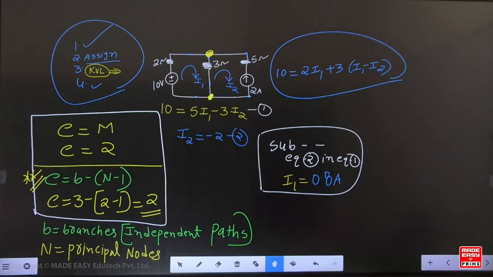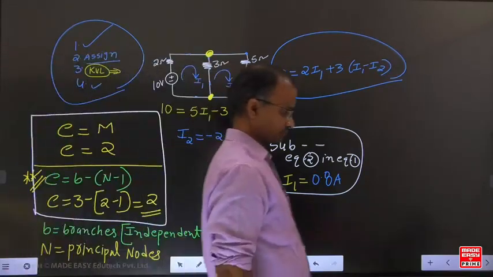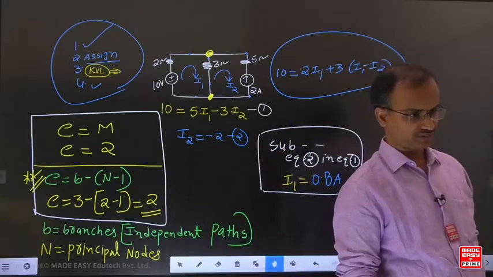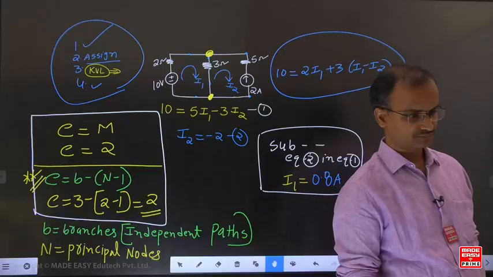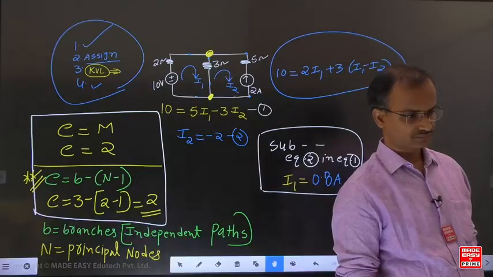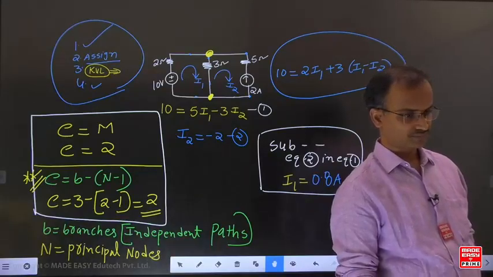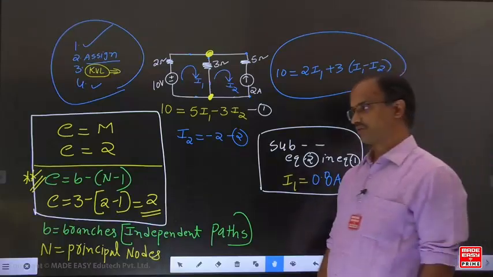Underline that word minimum. In the brackets write KVL equations.